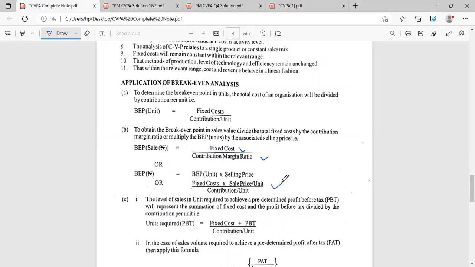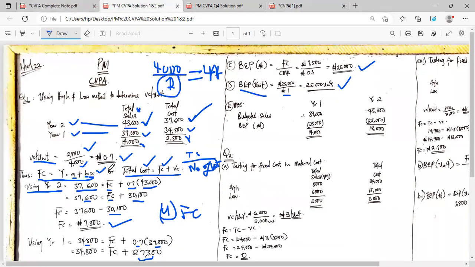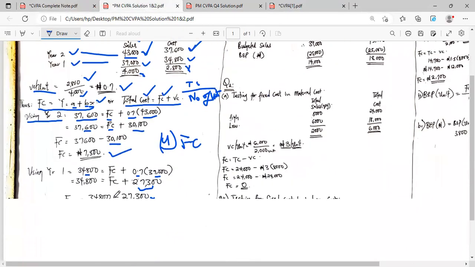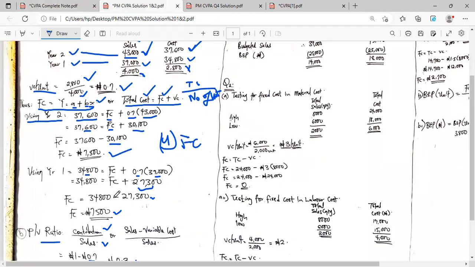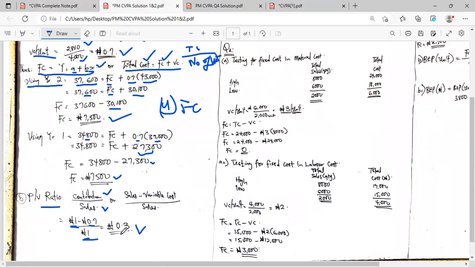The last one, yes. Use your calculator. 7.5 times 1, divided by what's your contribution per unit? 0.7? 0.3? What's contribution per unit? 0.3. We solved it here.